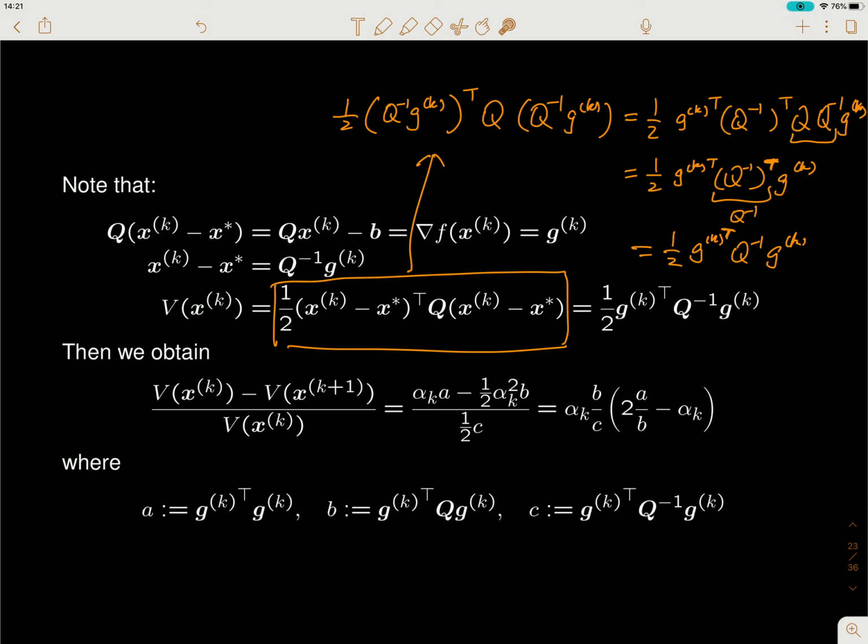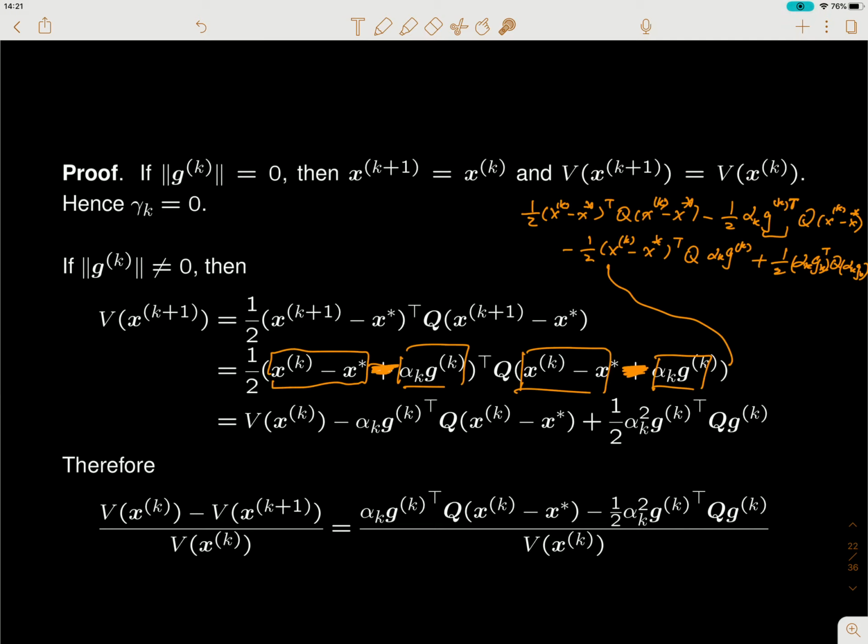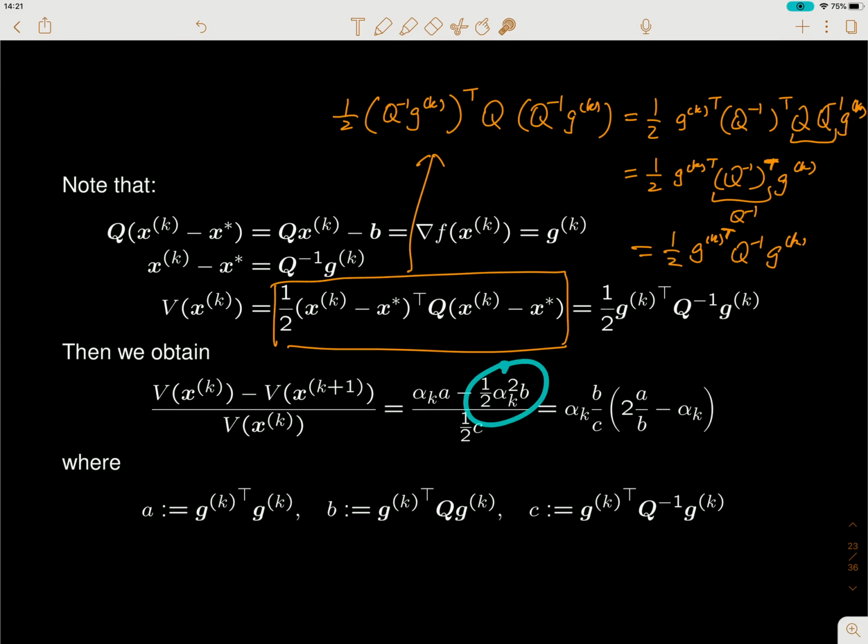Okay. We also define the B to be gk transpose q gk. Okay. And then from this line here, the gk q gk, this part is just the B. So the second part I have on the numerator is minus 1/2 alpha k squared times B. So that's how I get this term.